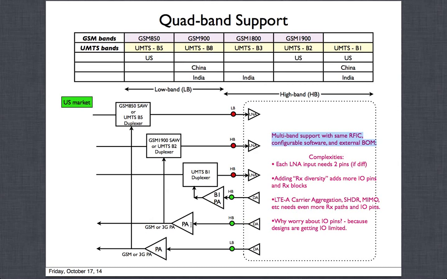This would be for the GSM 1900 band, and it will go straight to the antenna. Now if it is not a GSM but you are supporting UMTS band 2, you could put the duplexer here, have the PA accordingly, and that will go through the duplexer and go out. So what we have done is, with a single low band input we will support either the GSM or UMTS. On one of the high band inputs, we will support the 1900 MHz band.